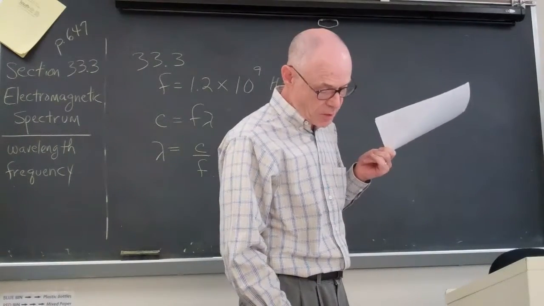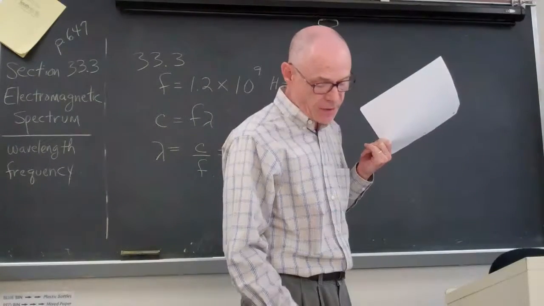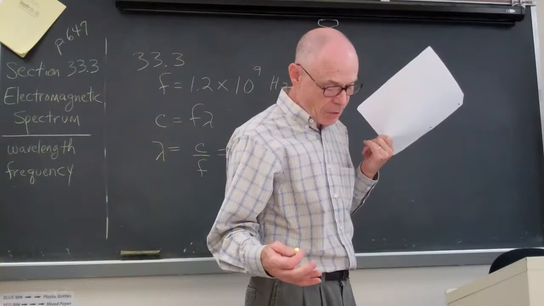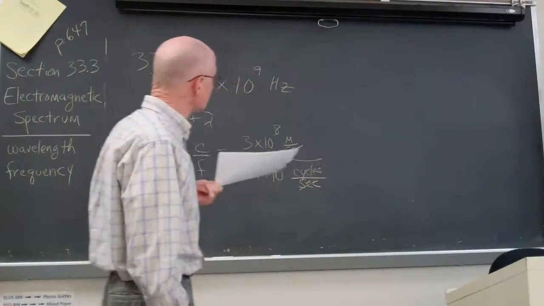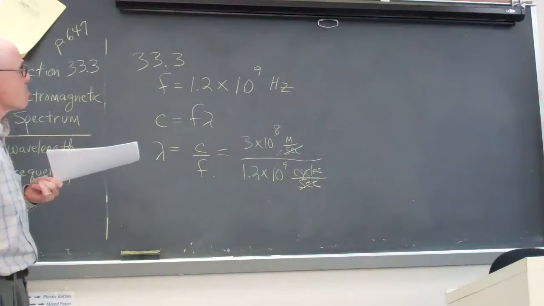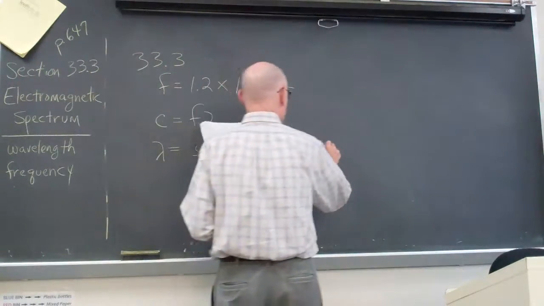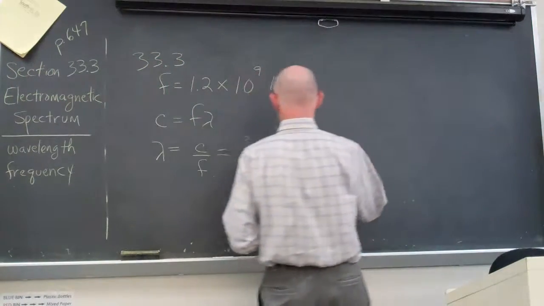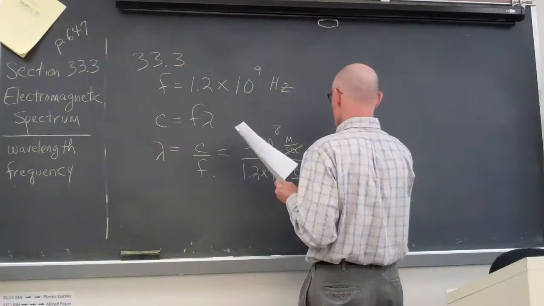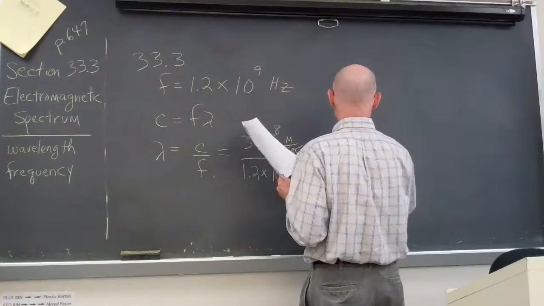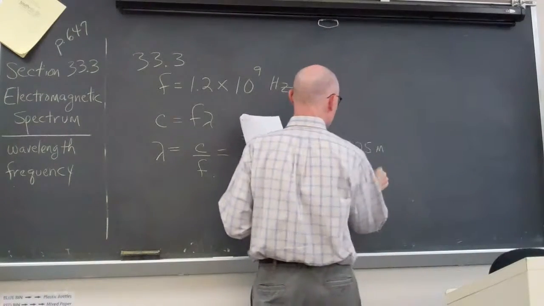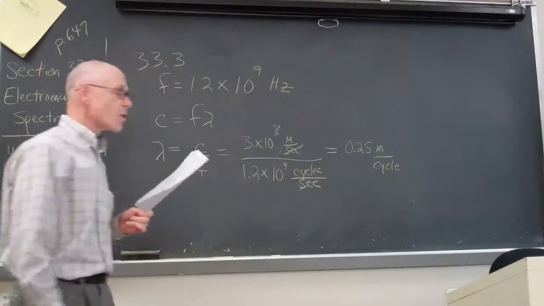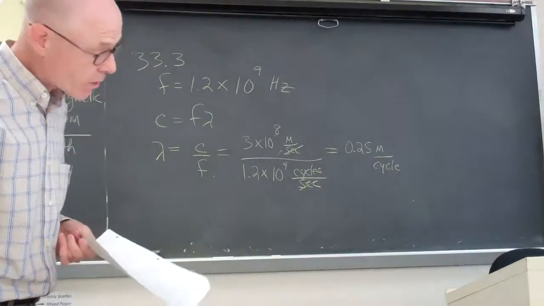Now the textbook, as I've mentioned before, omitted the word cycle. So instead of the answer being 250 millimeters per cycle, they just wrote down millimeters because it's assumed that wavelength is the length of a cycle. And it actually turns out to be 0.25 meters per cycle. So if you had expressed your answer that way, I'd be okay with it.